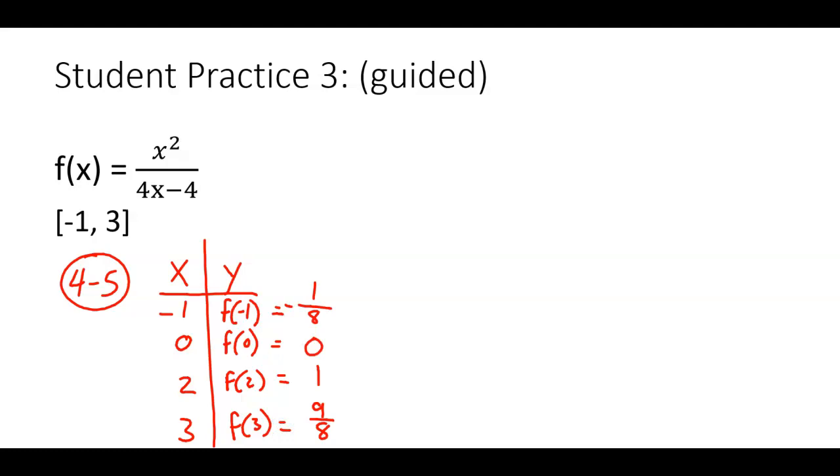Now, the reason why I wanted to go through this problem is because I just wanted you guys to see how to do the derivative and stuff like that. But for number 6, we could have jumped straight to number 6 after number 1 because it's inconclusive. The only way you can really tell what your max and min is, is by looking at the graph here.